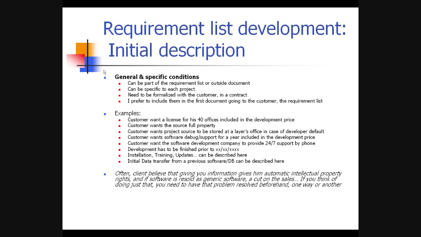Well, if you think of doing just that, you need to have that problem resolved beforehand with him one way or another. It can be a very good idea to give the guy a cut on the sales, but only if he's giving you the leads, or if he's coming with the sale already done and at a different rate.